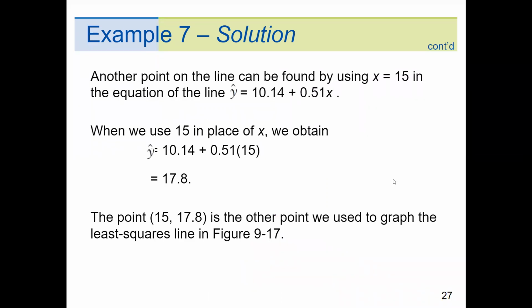Another point on the line can be found by using x equal to 15 in the equation of the line, y hat equal to 10.14 plus 0.51x. When we use 15 in place of x, we obtain y hat equal to 17.8. The point (15, 17.8) is another point we use to graph the least squares line in figure 9.17.